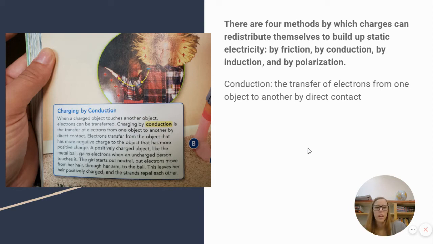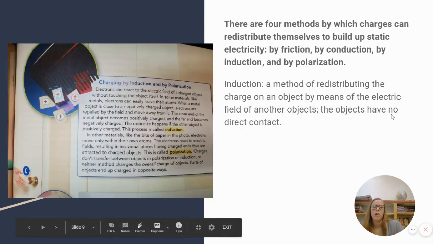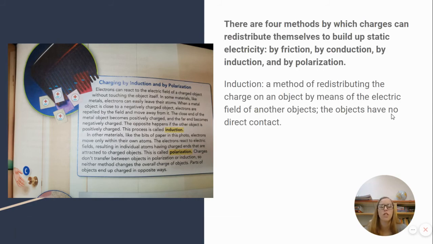Okay? Number 3, induction, a method of redistributing the charge on an object by means of the electric field of another object. The objects have no direct contact. Electrons can react to the electric field of a charged object without touching the object itself. In some materials, like metals, electrons can easily leave their atoms.